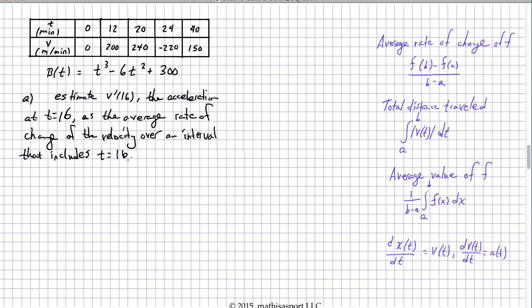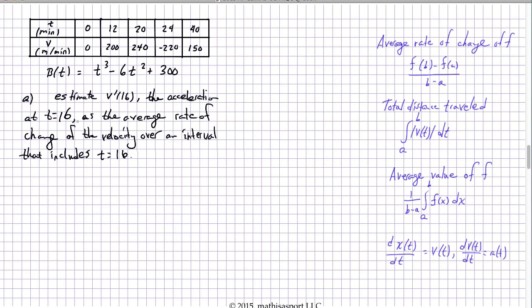It's important for you as a student to understand that this is only an estimate. There is no theorem here involved. We're not using, for example, the mean value theorem for derivatives, but simply grabbing the information that's available and trying to come up with a reasonable estimate.